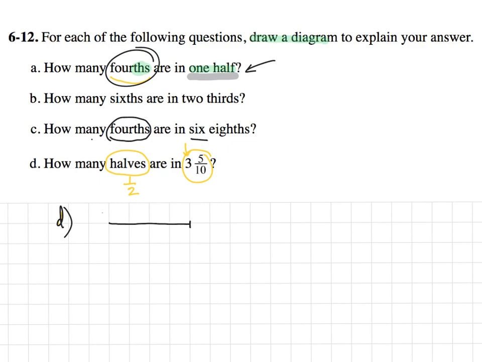So I can say this is 0, this is 1 whole, and I need to get to 3 and 5/10, right? So 1, 2, 3. So once you decide on the scale of the whole, you have to continue the same way. And then because it's more than that, I have to go to the 4.